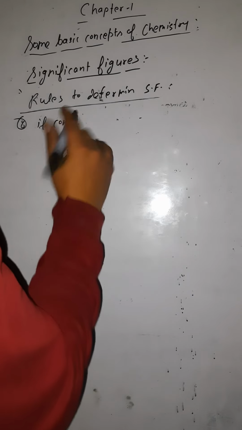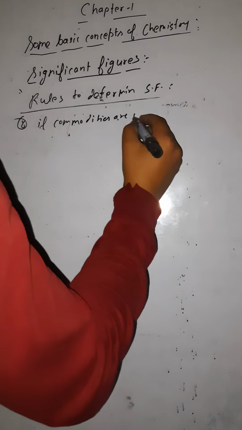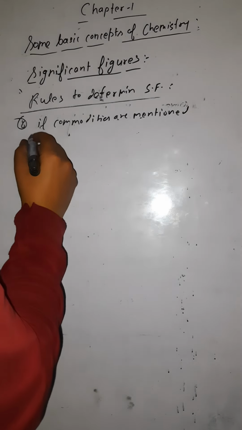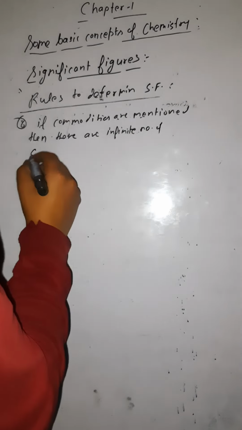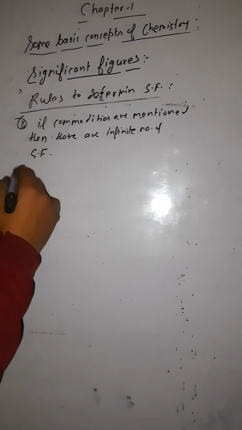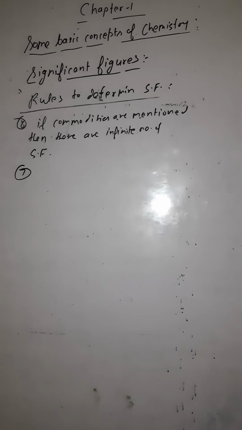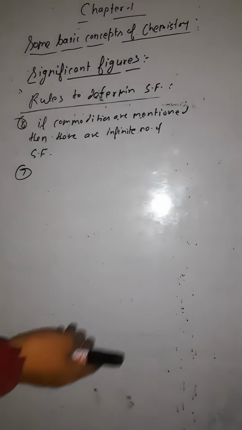Let me write it here: if commodities are mentioned, then there are infinite number of SFs, significant figures. Okay, this is the next rule. Let's say 6x. So how many significant figures are there?